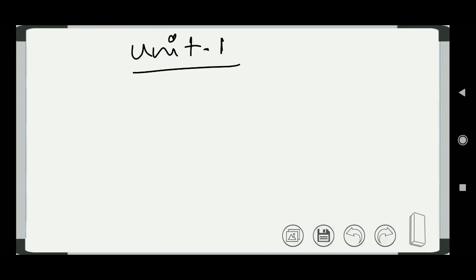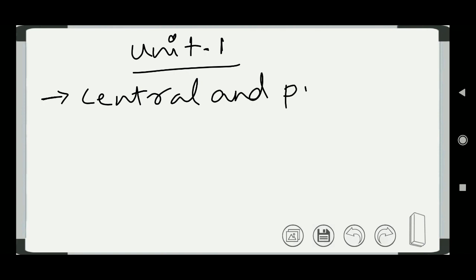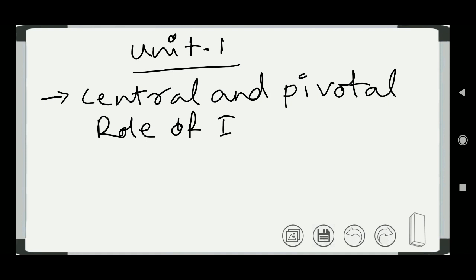In the first unit, only one important question is there, that is the central and pivotal role of information today.